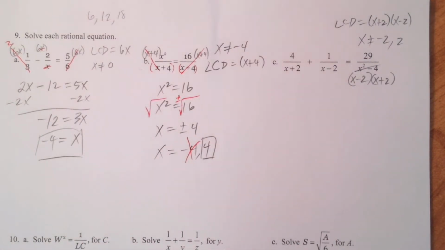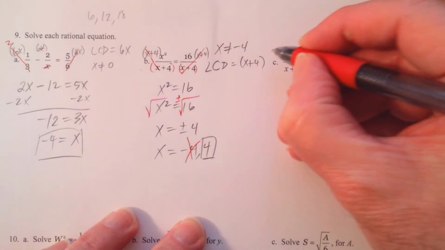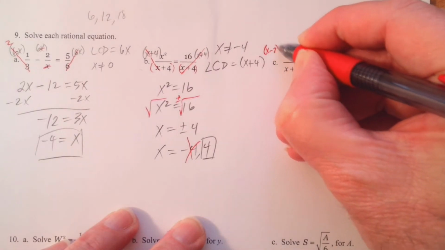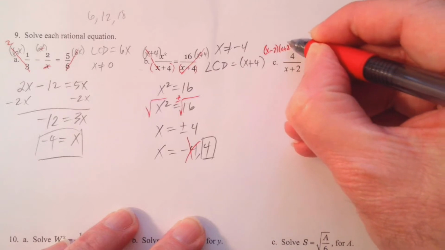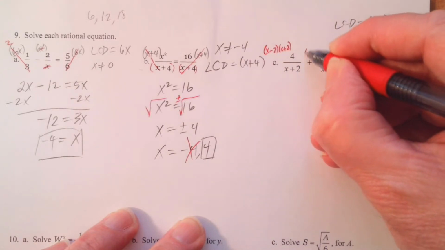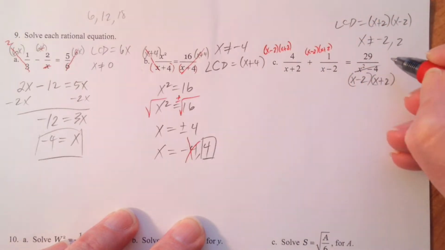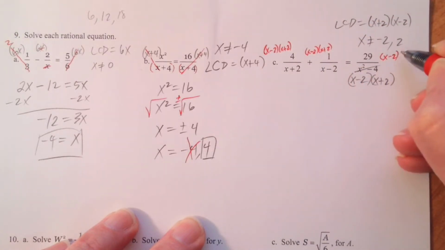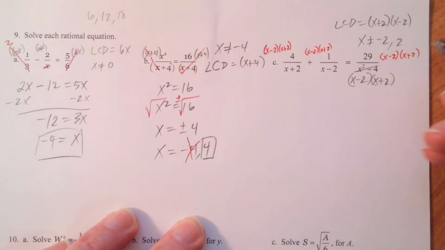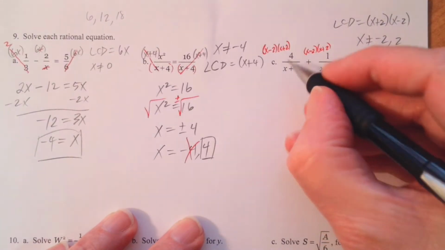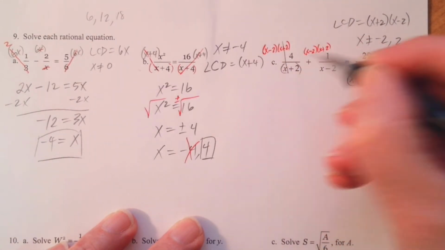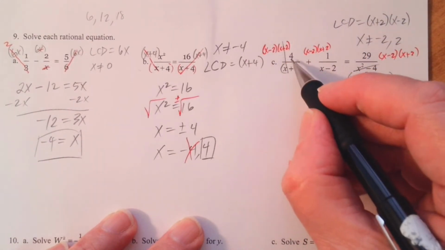So now let's go ahead and multiply everything by the LCD, which is x minus 2 times x plus 2. So when we do that, these x plus 2's cancel. Remember, you multiply what's left over.